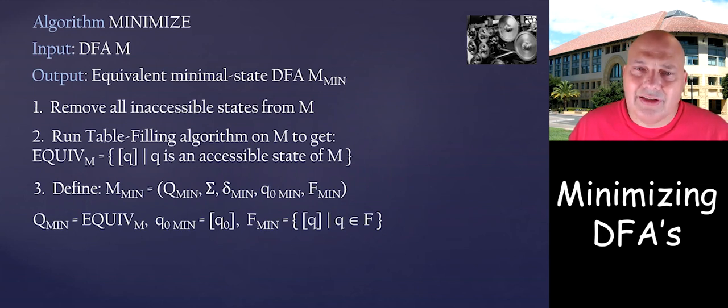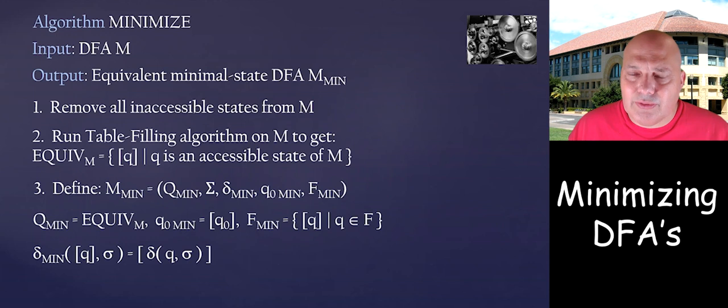F min is the equivalence class of every accept state. So for every accept state, we look at the equivalence class that corresponds to it. All of these are accept states in M min.